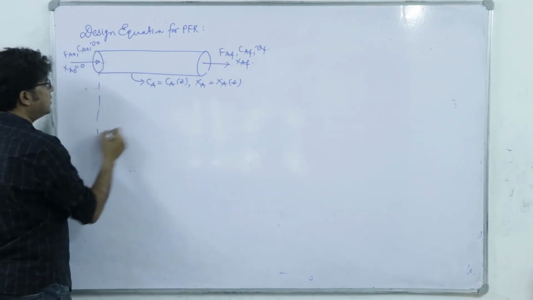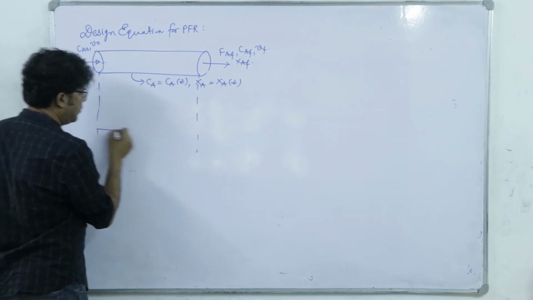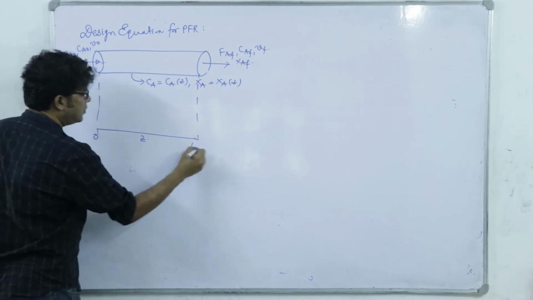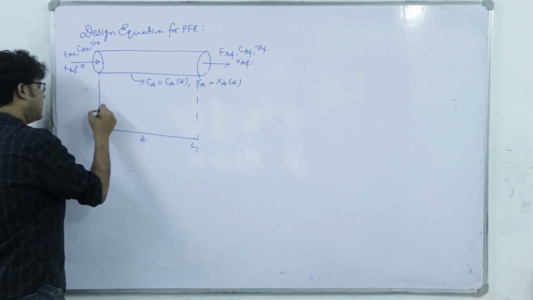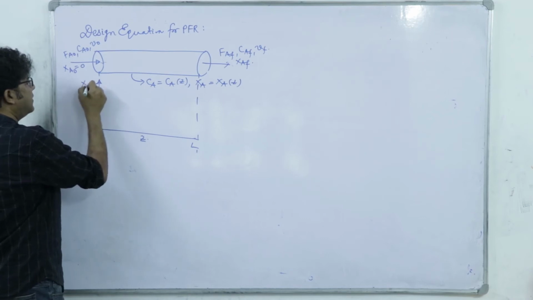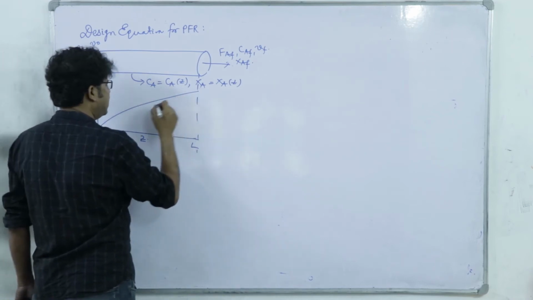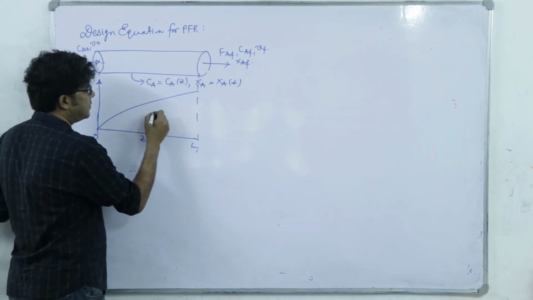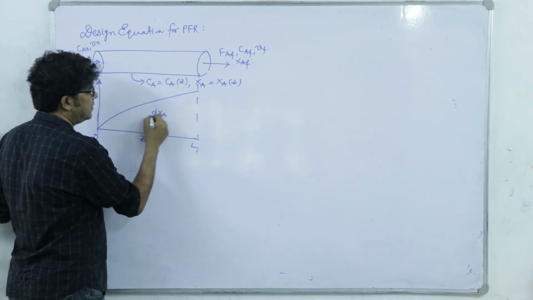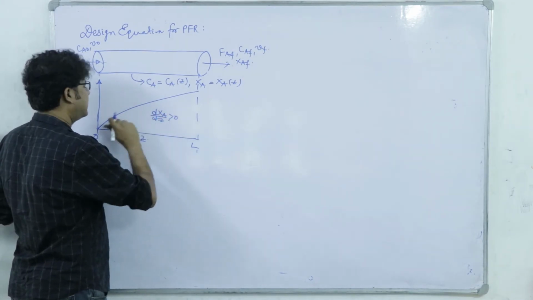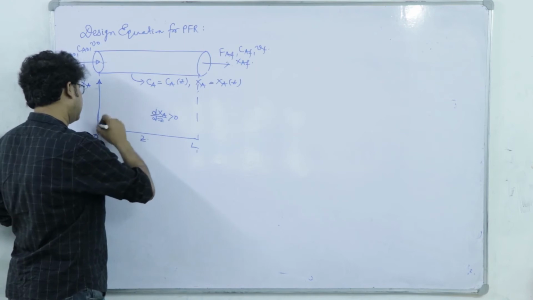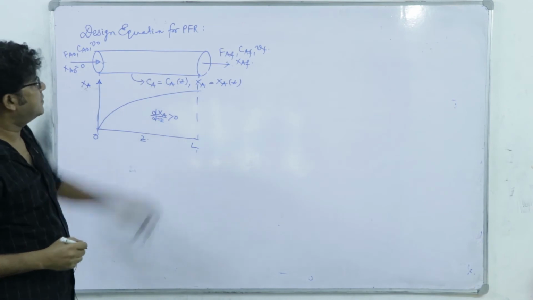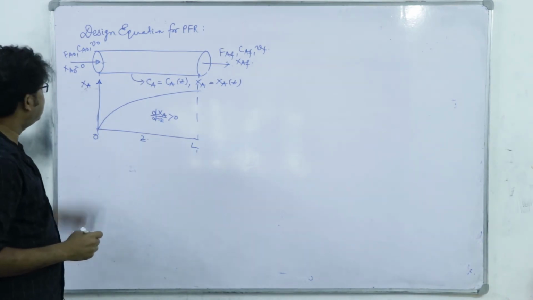If I draw a qualitative plot, this is Z from 0 to L, and here if I plot Xa, we can see that this will be increasing. So dXA/dZ is positive. It looks like a straight line, actually it is not, it will be curved, increasing unless it saturates to 1.